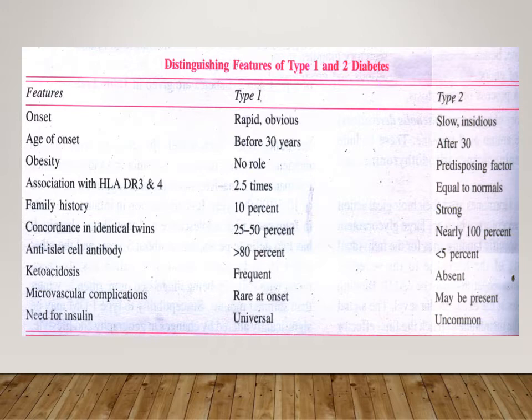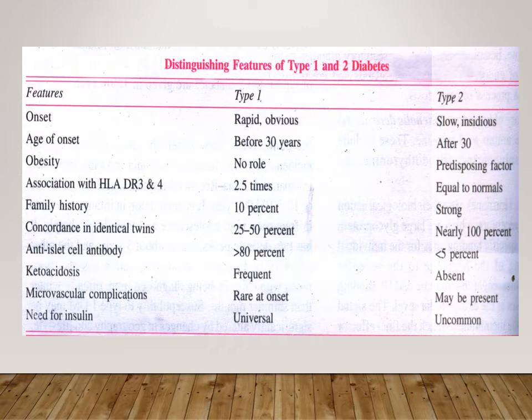Obesity plays no role in insulin dependent diabetes mellitus, while it plays a role in type 2 diabetes mellitus. Association with HLA-DR3 and DR4 is 2.5 times more in insulin dependent, or type 1, diabetes mellitus. It is equal to normal in non-insulin dependent, or type 2, diabetes mellitus.